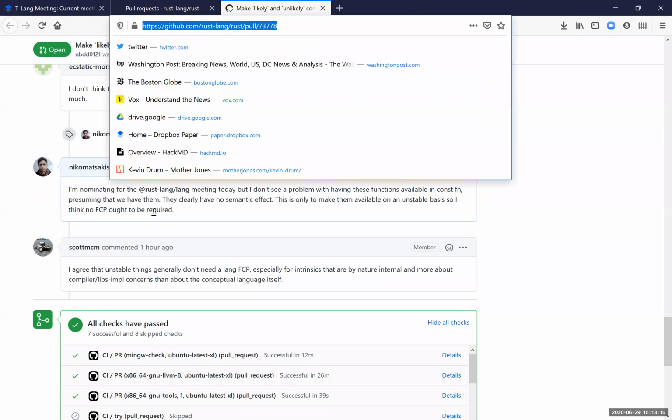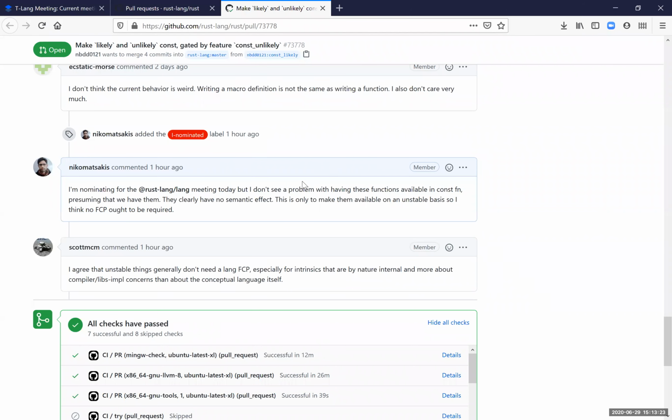participants? This seems entirely reasonable, and I would agree both with the statement that we don't actually need to FCP sign off on this, as well as the fact that likely and unlikely makes sense to use in functions that should also be available at compile time, and at that point they can act as an identity function that has no other semantics. So this seems perfectly reasonable.